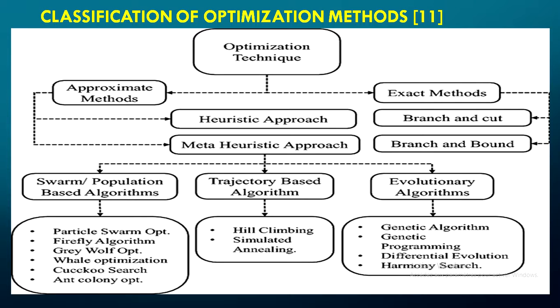For this class of algorithms, I give two examples of methods: the branch and cut algorithm and the branch and bound algorithm. So in this illustration, our subject is this trajectory-based meta-heuristic, which is simulated annealing.